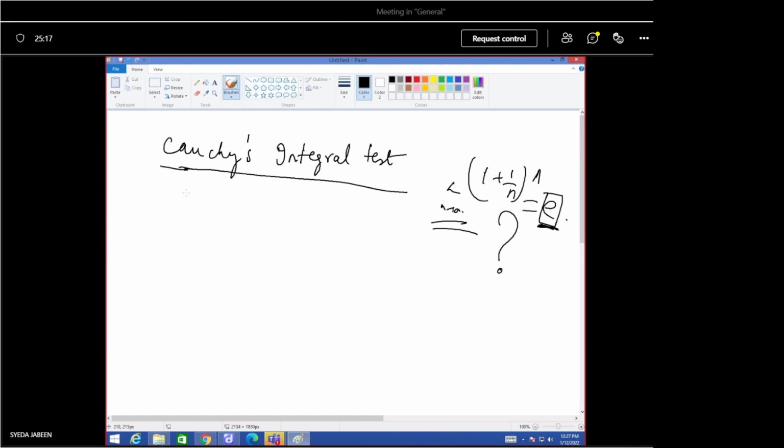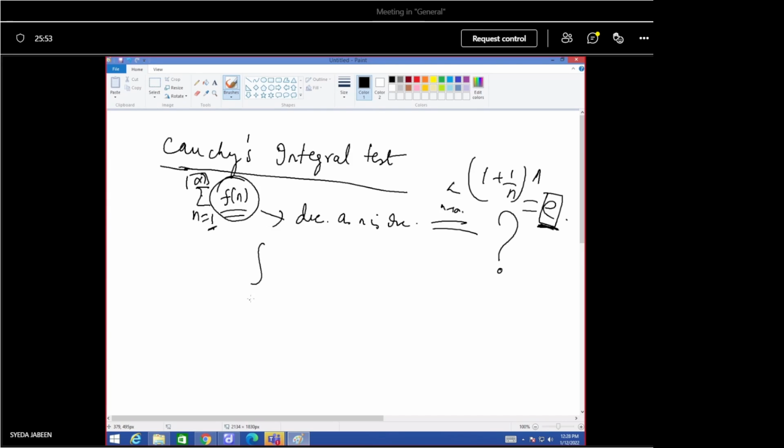So if you have a series of positive terms, and if you see that the nth term of the series can be expressed as some function form, in the form of summation n equal to 1 to infinity, and the value of this function is decreasing as n is increasing, then we can convert this into an integral, and this integral will not be a definite integral, it will be an indefinite integral because the limit over here is infinity.